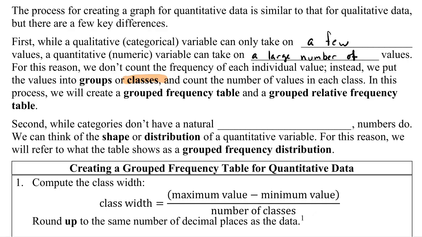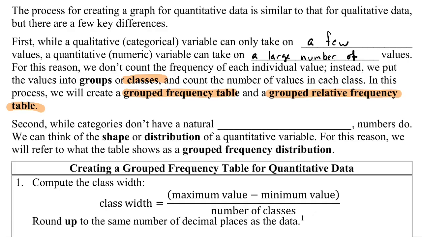So rather than create a frequency table, as we did for qualitative data, we're going to create a grouped frequency table, and then later a grouped relative frequency table. So rather than looking at individual values, we're going to look at groups of values, ranges of values.